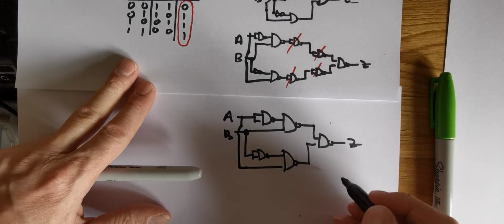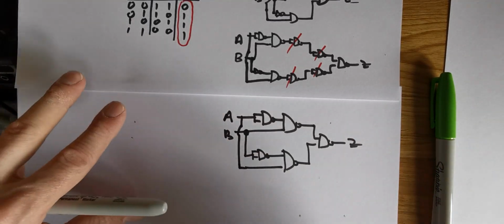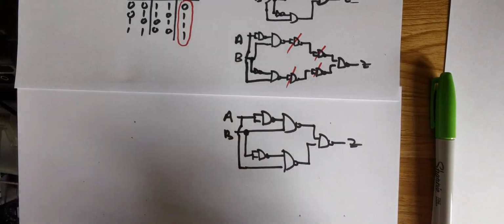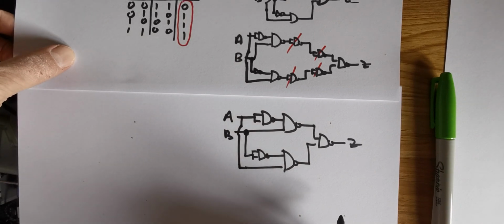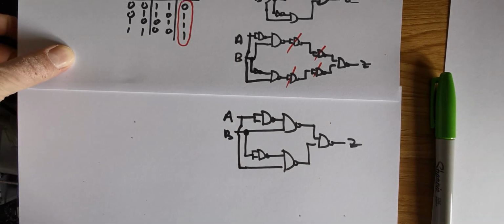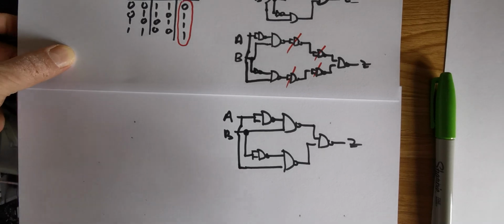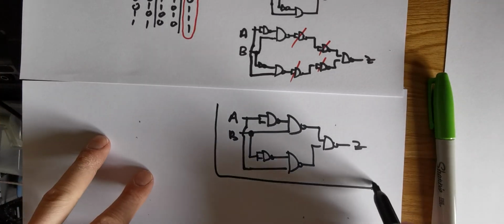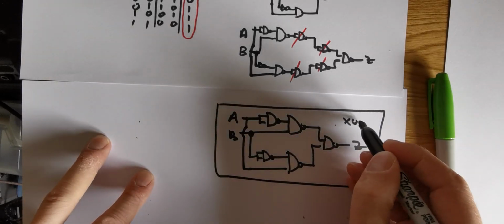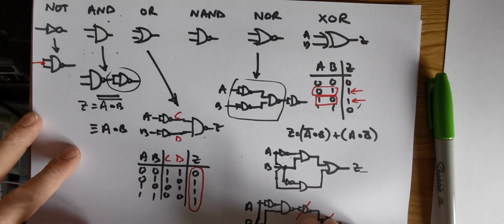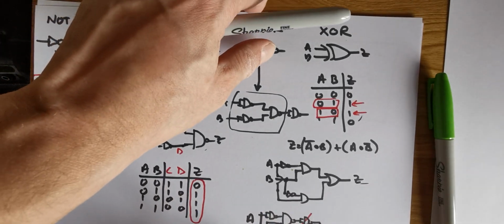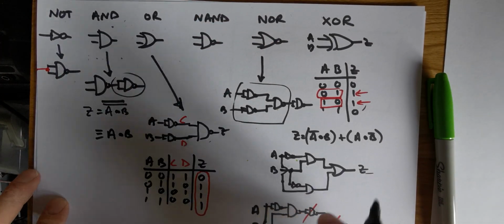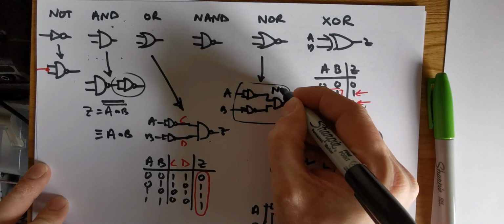That's your NAND equivalence of an XOR. So if you did the truth table of that, you would find it would be the same as an exclusive OR gate. Okay, so that's the NAND equivalences of all the gates. That's XOR. There's NOR.